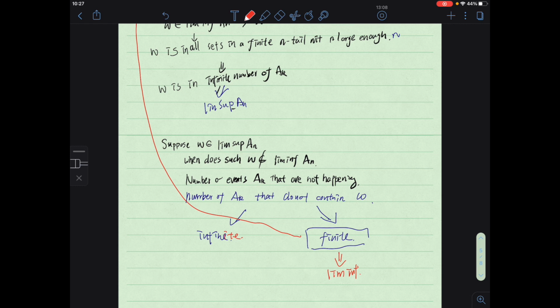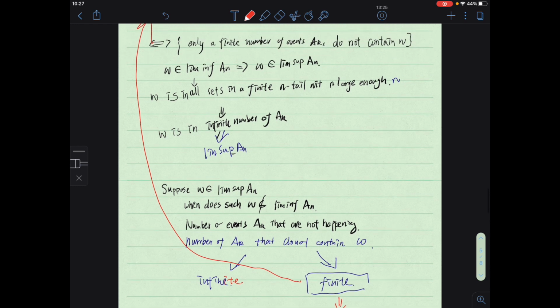When you have an infinite number of AK that do not contain omega, does that satisfy what a limit inferior is?